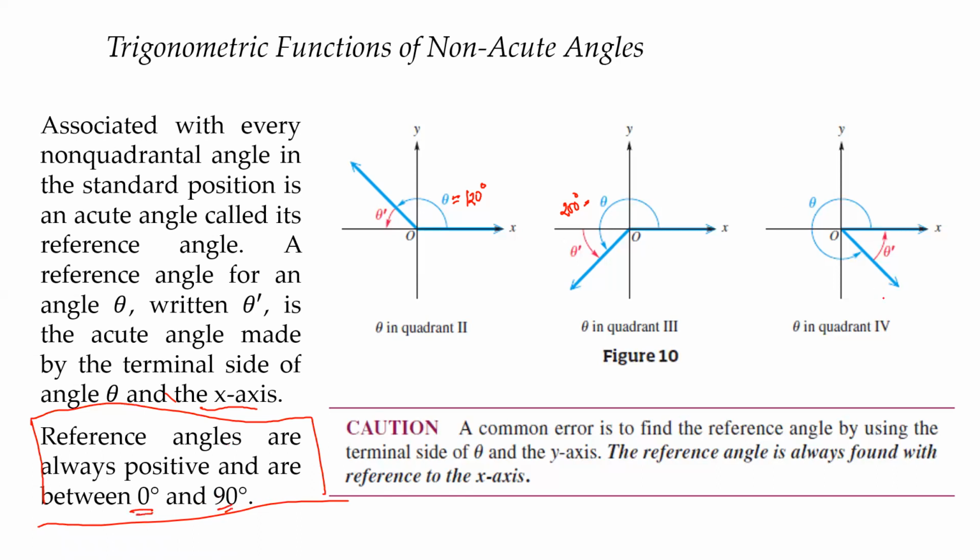For our third illustration, if we reference our angle from the negative x-axis, this is more than 90 degrees, so we don't want that. What we want is a reference angle between 0 and 90 degrees.